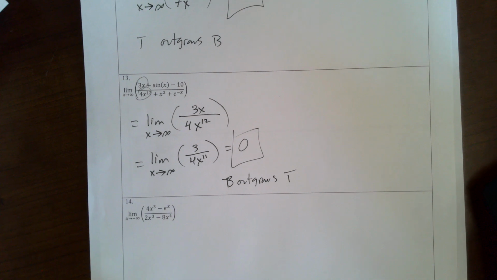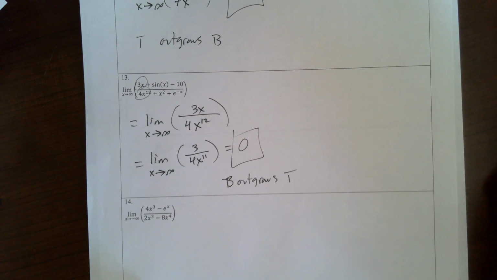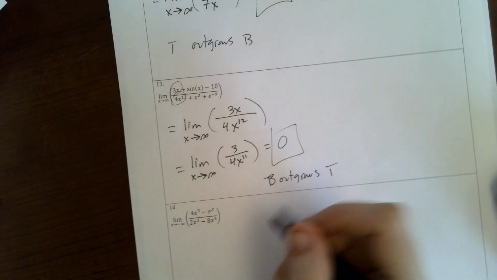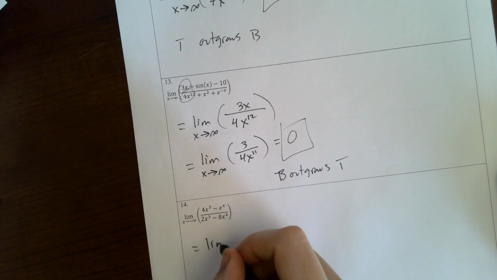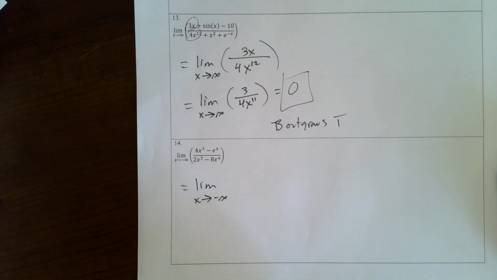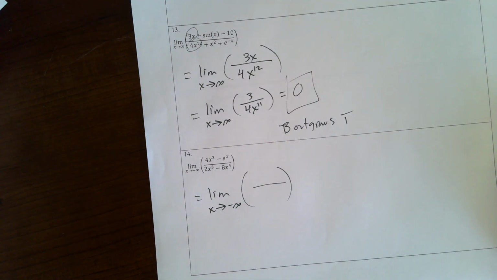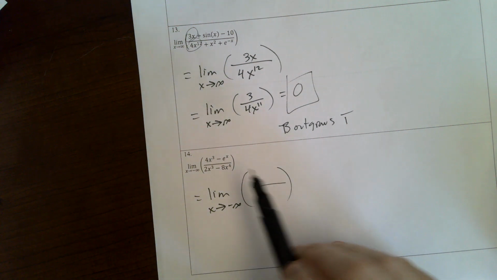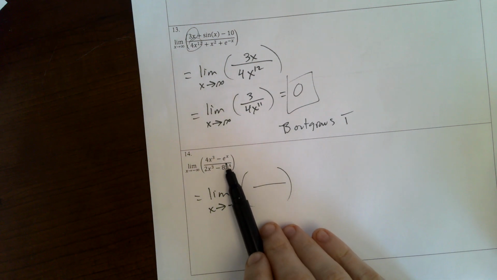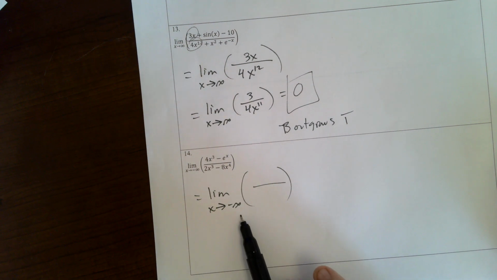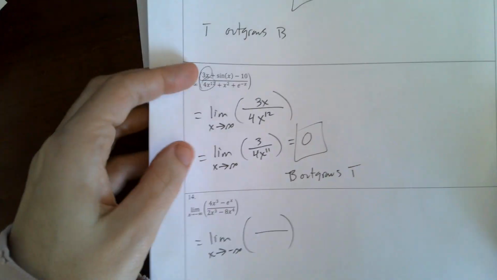Okay, next. All right, so this is the limit as x approaches negative infinity. So equals the limit as x approaches negative infinity. And okay, what's winning on the top? If we were approaching positive infinity, then e to the x would win. But approaching negative infinity, think of the graph of e to the x.